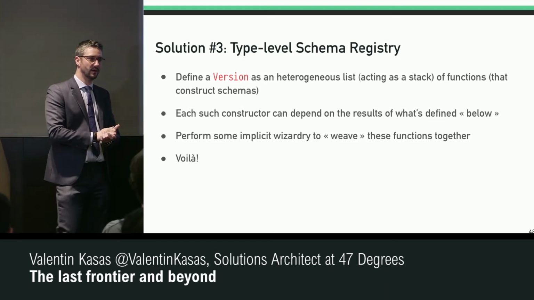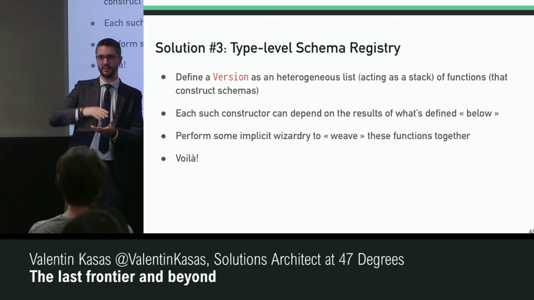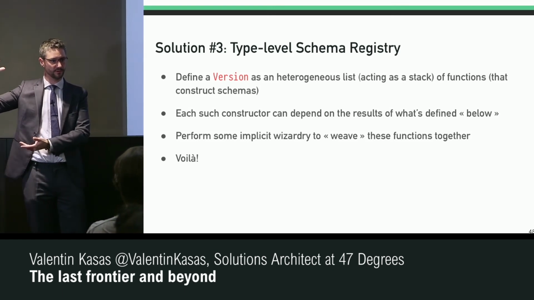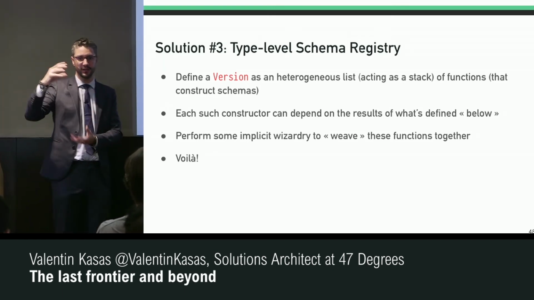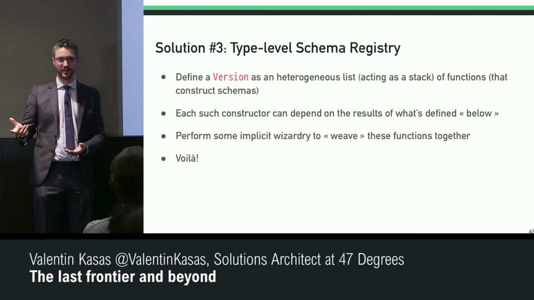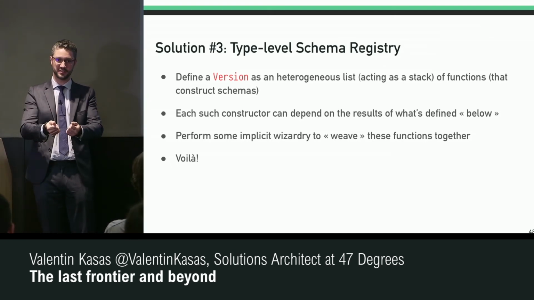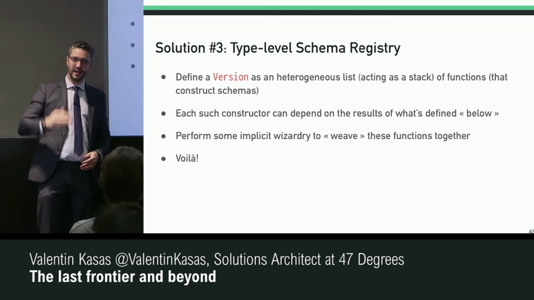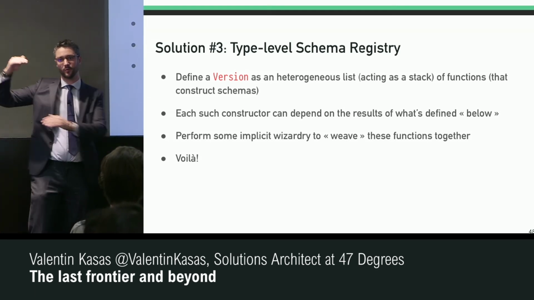And that way, you get a stack with more and more complex functions. You can migrate these functions, because you can modify this function by composition. And in the end, when you really need the schemas, there is another implicit machinery that will apply these functions in the right order, giving you all the concrete schemas.